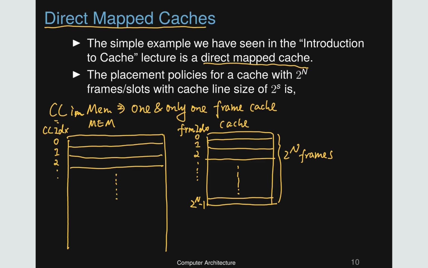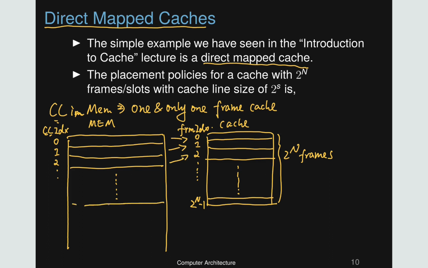For the mapping of the cache line in the memory to the frame, the mapping algorithm is very simple. We just map cache line 0 to frame 0, map cache line 1 to frame 1, and map cache line 2 to frame 2.